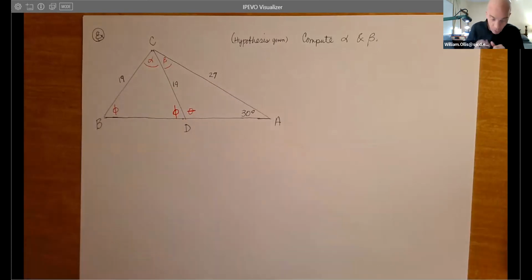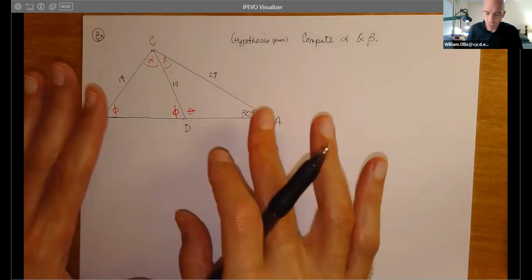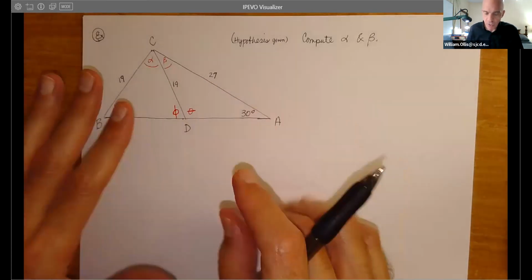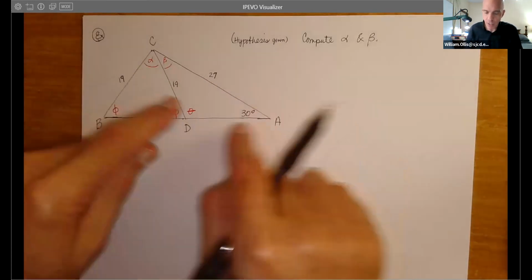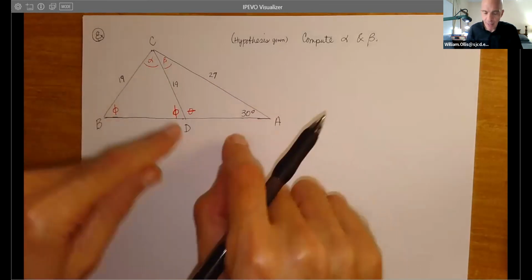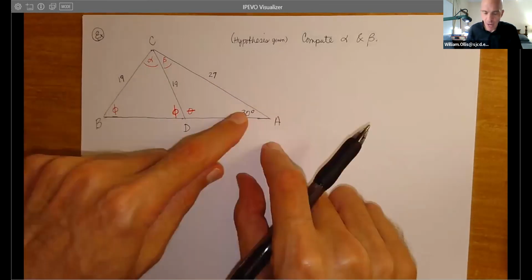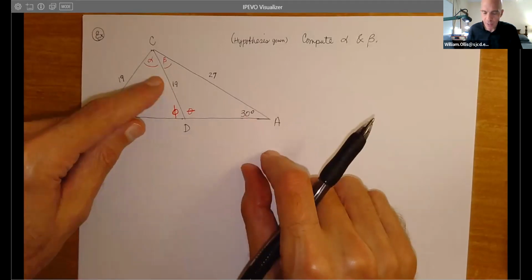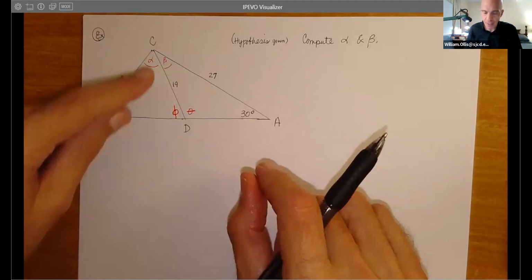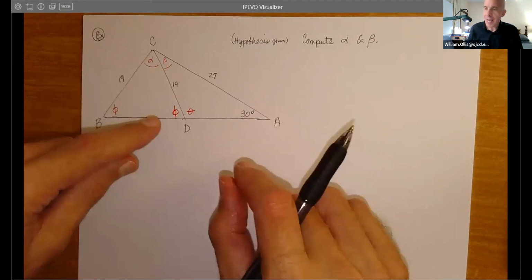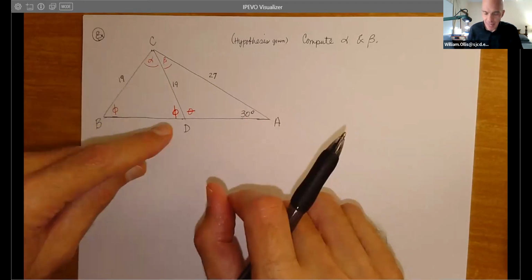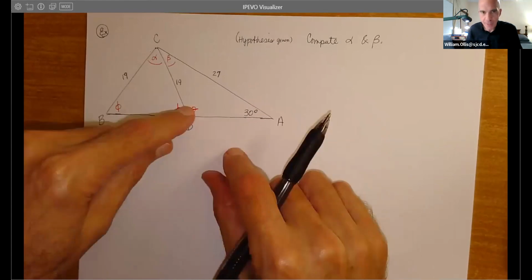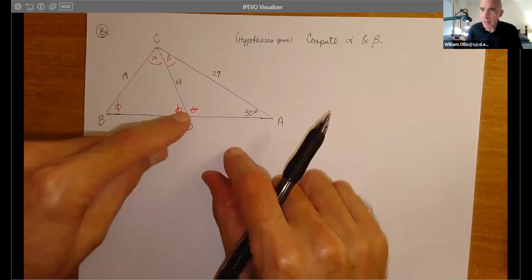So now when we look at this, we're good to go because we've got all kinds of good stuff here that we can use. We've got, for instance, an angle and the opposite side. And then of course, we're thinking, what can we do to get beta? Well, we can use the law of sines in the sense that now I've got this angle opposite here and I can figure this out.